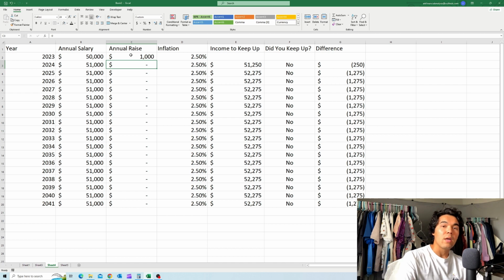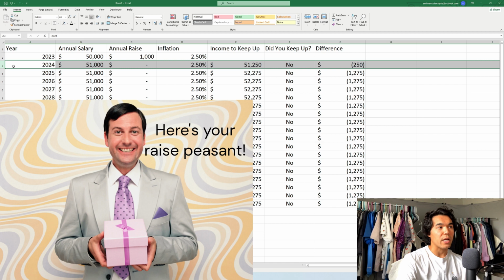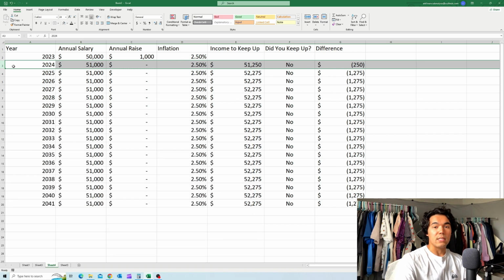So now his boss will tell him, at the beginning of 2024, your first paycheck of the new year, you will be on track to receive $51,000 annually instead of $50,000. So that's pretty exciting for him, right? He knows that he's going to be getting $1,000 extra.